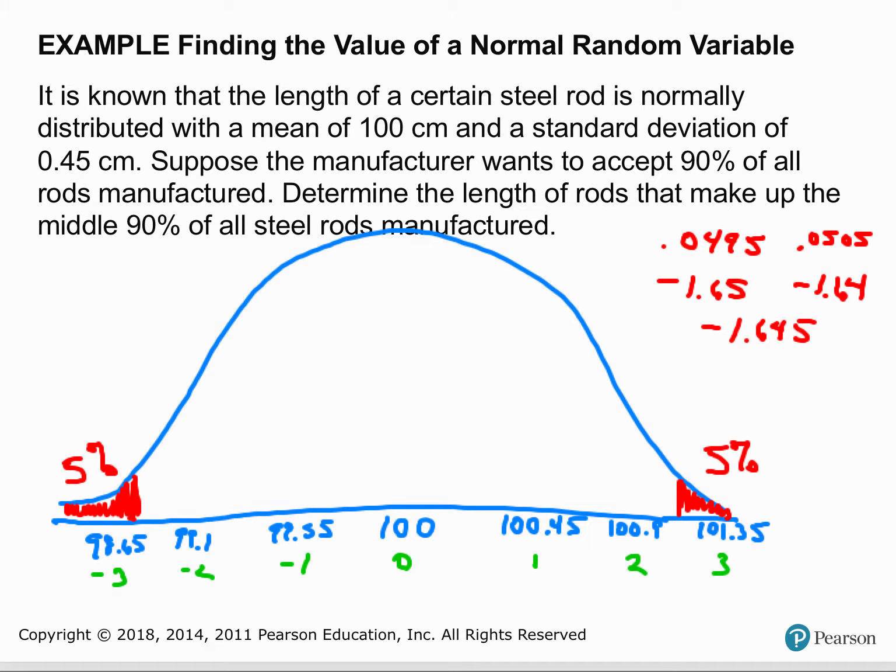Now, I'm going to do the same thing with this 5%. But once again, think about this entire thing. I should have put that over here, so I'm going to move this over here.